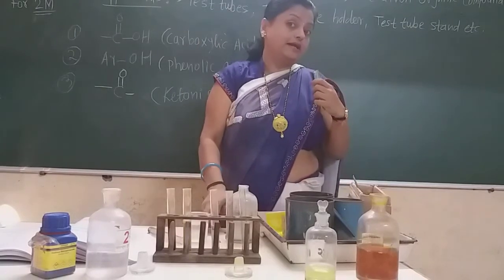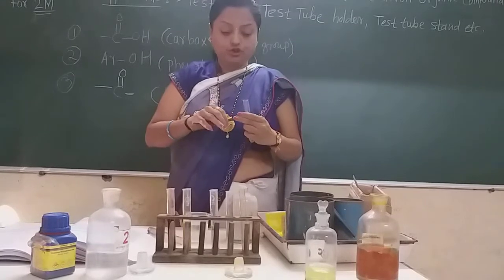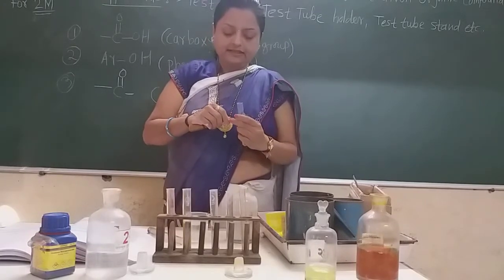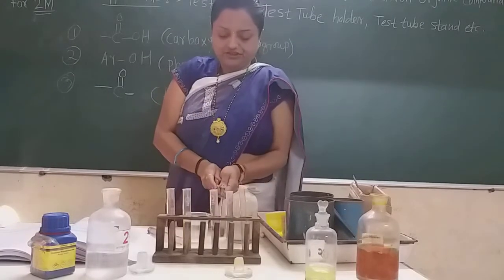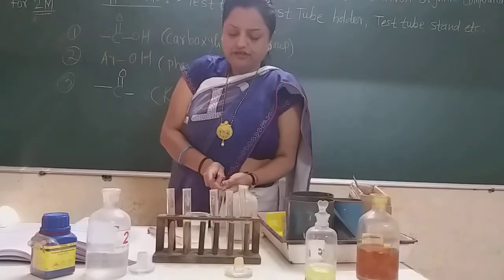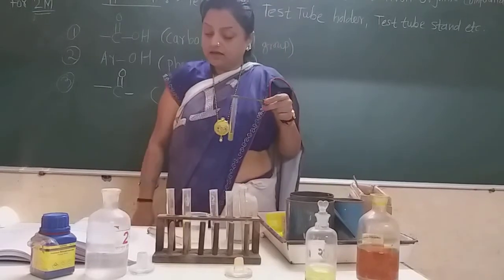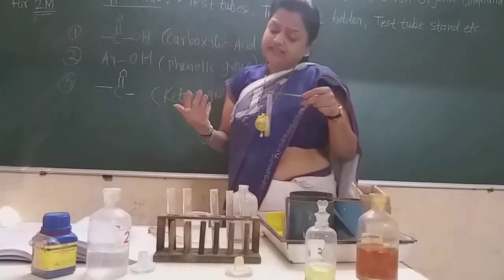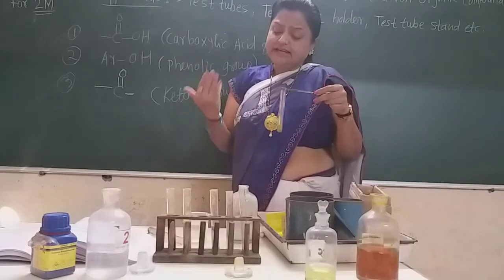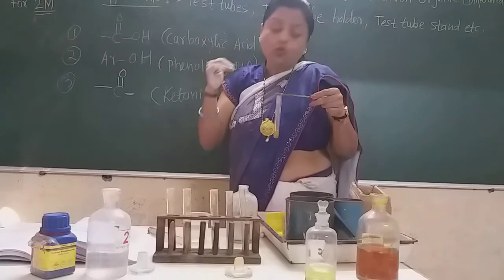As we have to add concentrated acid, we must use a test tube holder, and then perform this test. The test tube holder is very necessary because we add concentrated HCl here. After that, shake the substance and concentrated HCl very vigorously and then cool.